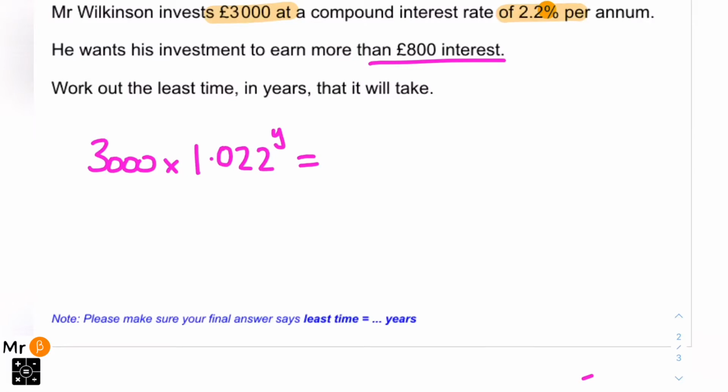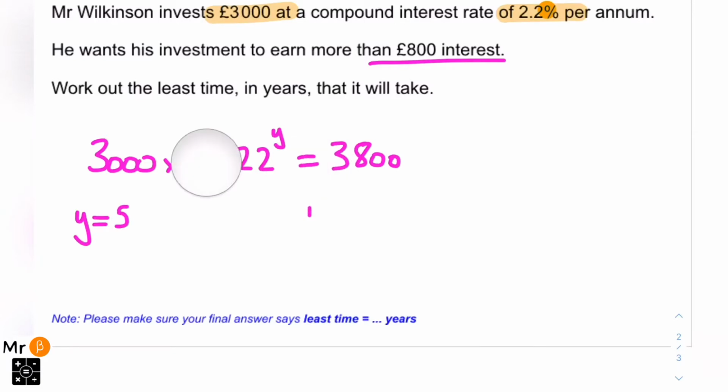So therefore, if he has earned £800 on top of his £3,000 of investment, we're looking for when we get an answer of 3,800. So here, it's a little bit of trial and error. We're going to try different years in our calculator for Y. So let's start with Y equals to 5.